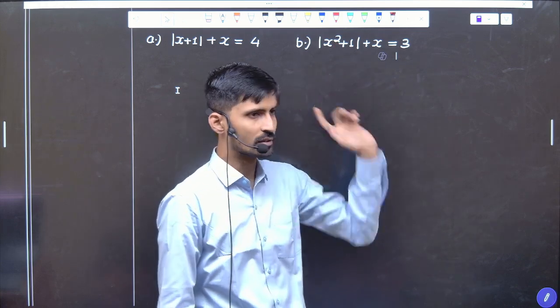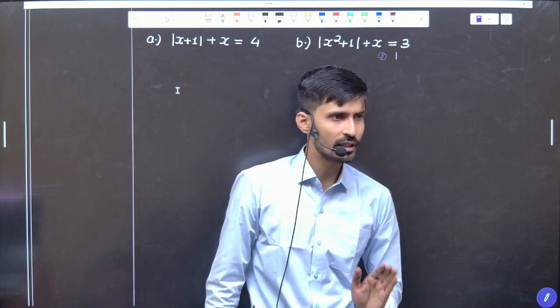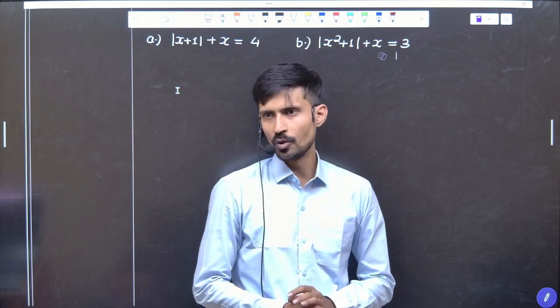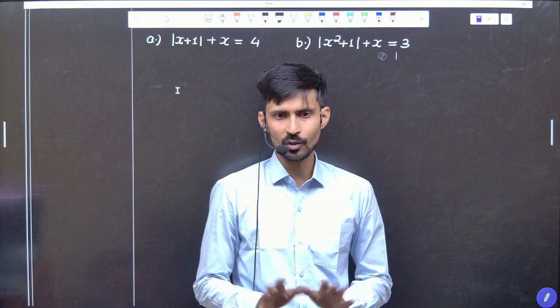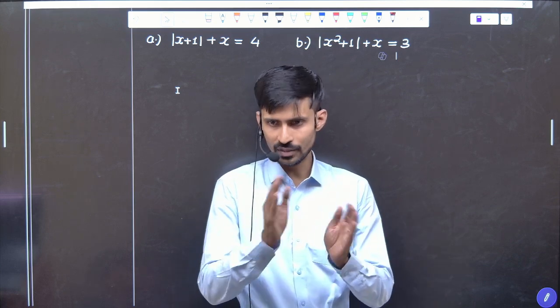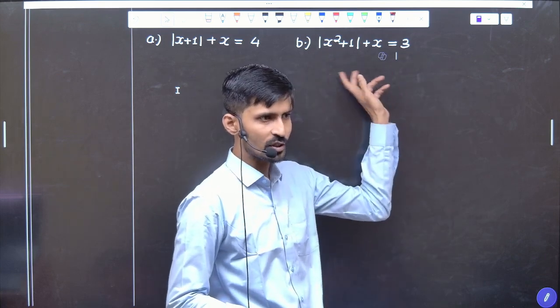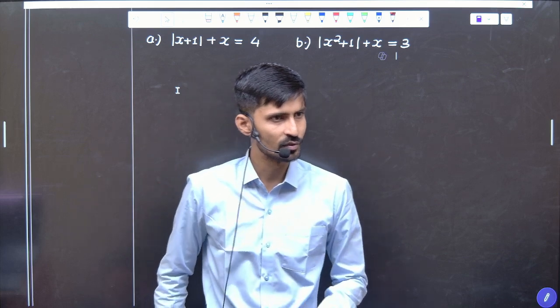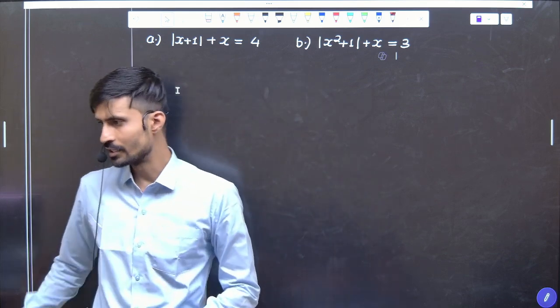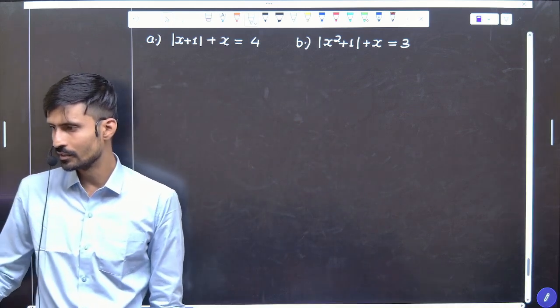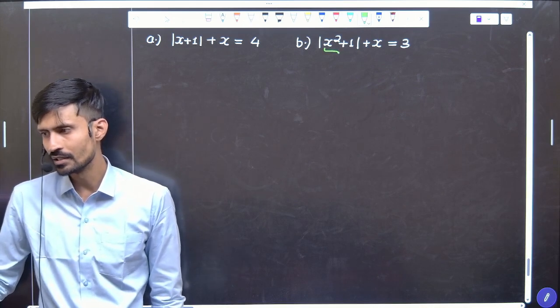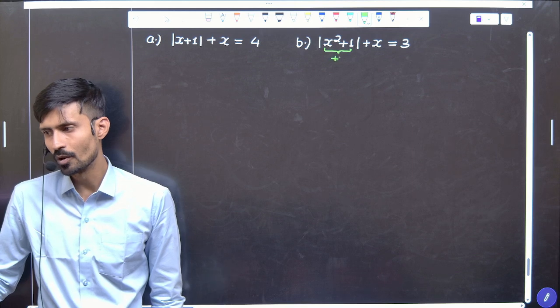X square plus 1, will it be a positive or negative number? Positive, because x square is not negative. The square of any number is positive. Yes or no? So this is positive. It means in this question we can directly remove the modulus. In this question, x square plus 1 is always positive.